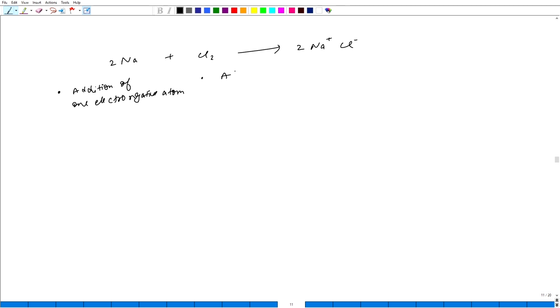For Cl2, it is addition of one electropositive atom. From electron transfer, what have we studied? What is sodium doing? Sodium is losing electrons. It means loss of electrons.